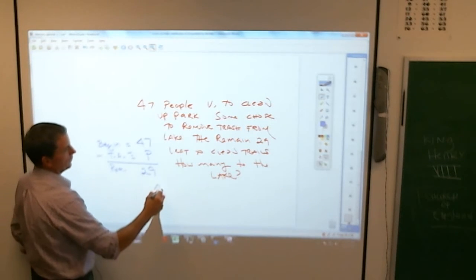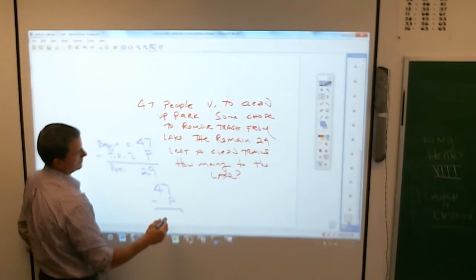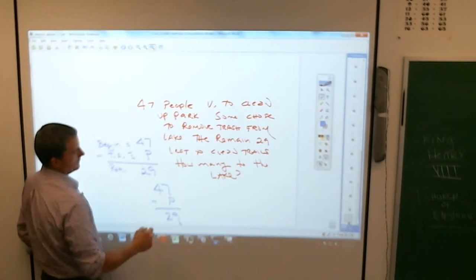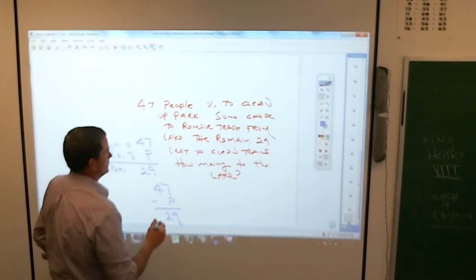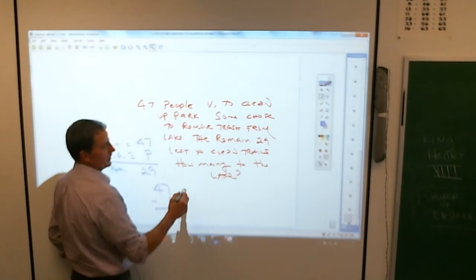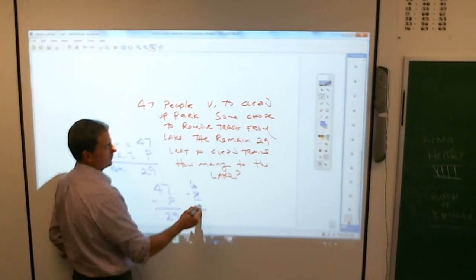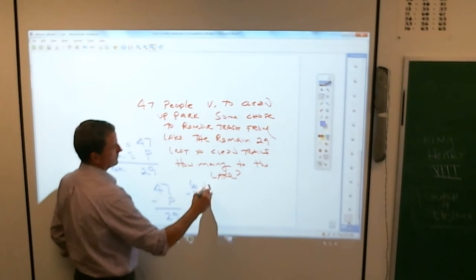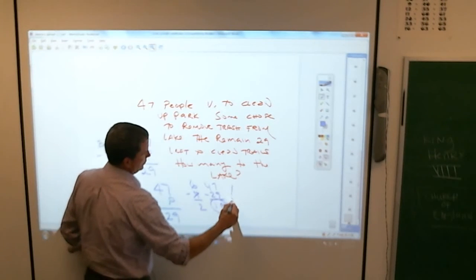So it is 47 minus P equals 29. Now what do I do to solve that problem? Add or subtract? Subtract. How do I know that? Because I thought of an easy problem. 6 minus 4 is 2. If I'm missing this, what do I do with those two to get that? Subtract. 47 minus 29 is 18 people who went to the lake.